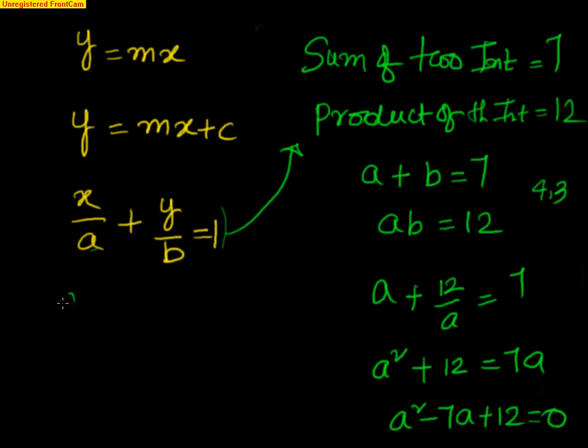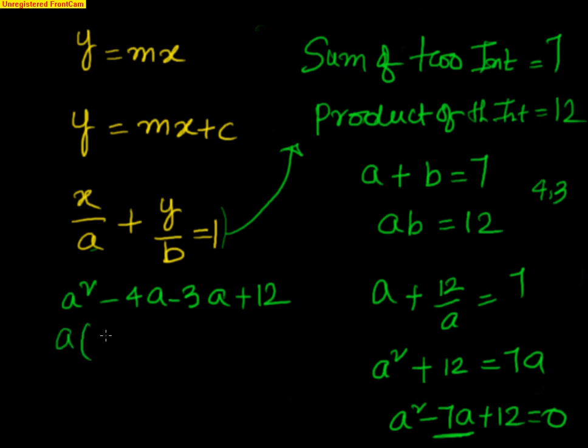If I simplify this, a square minus 4a minus 3a plus 12. This is splitting the middle term. You are with me. Minus 7, if you add them, and multiply, it should be 12. So minus 4 and minus 3 add up to minus 7, and if I multiply, it becomes 12.